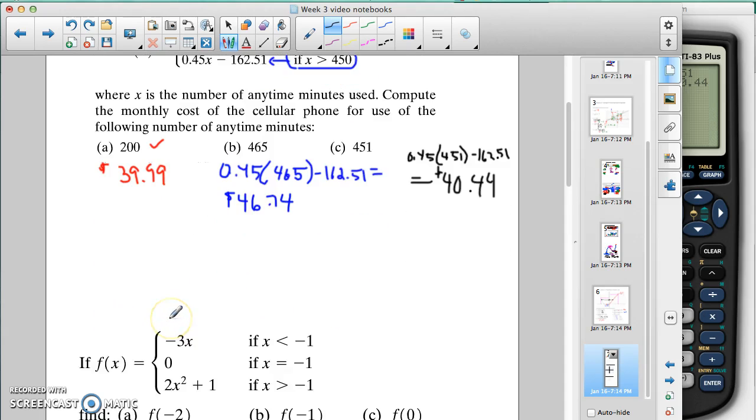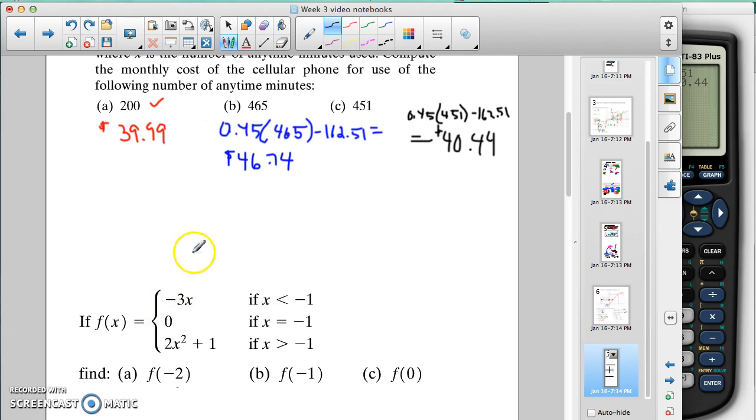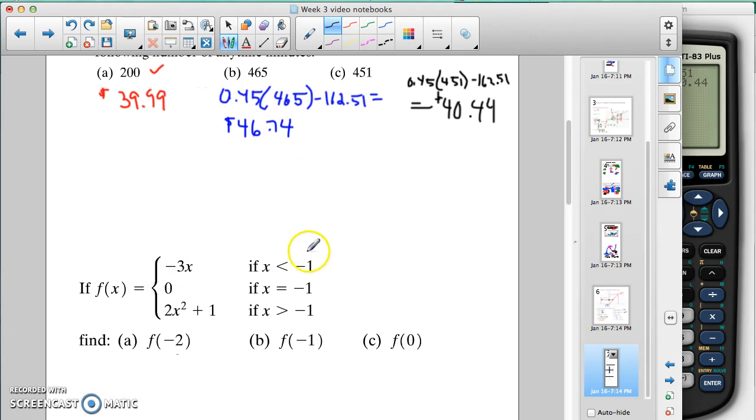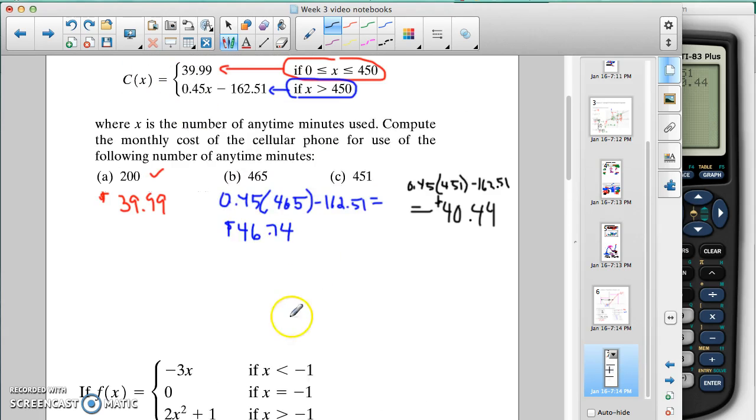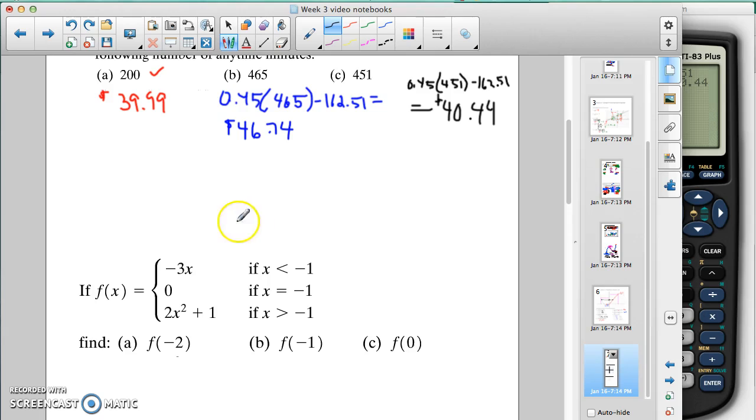In our next example, we're going to evaluate. This one gives us some pieces, but it doesn't tell us the application that relates to it. So we have a piecewise function here, and we're going to evaluate these pieces. What we want to do is determine which domain -2 is in.